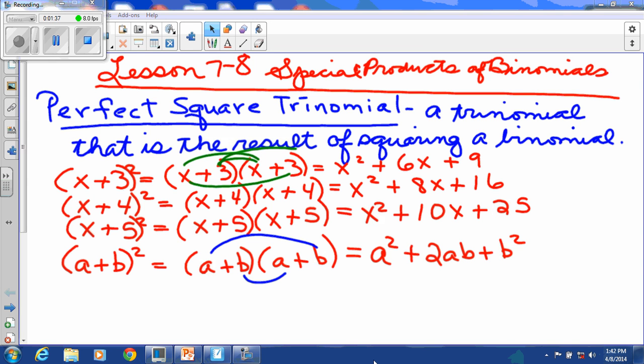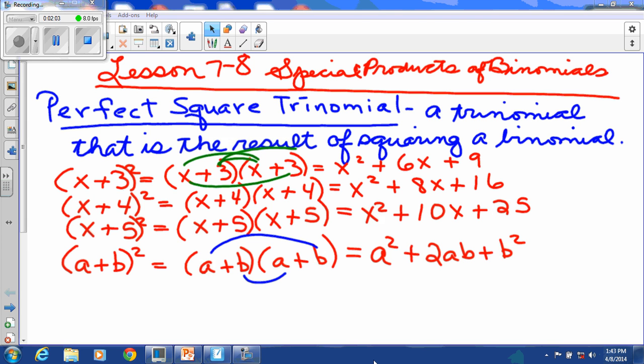The product for the perfect square trinomial x plus 3 squared is x squared plus 6x plus 9. Again, looking at patterns, when we square x plus 4, we get x squared plus 8x plus 16. The square of x plus 5 is x squared plus 10x plus 25.